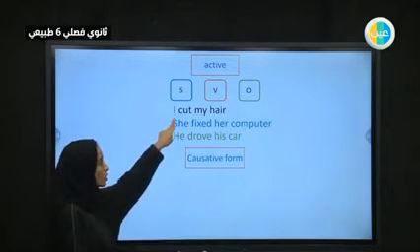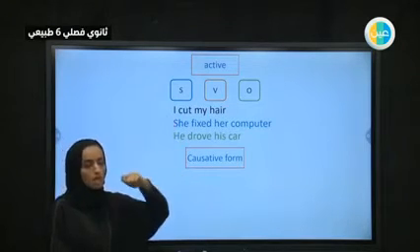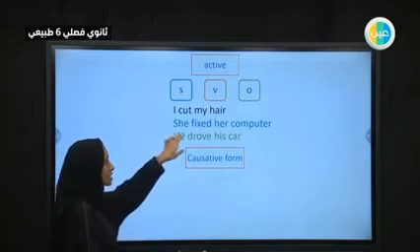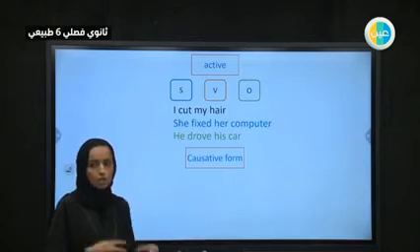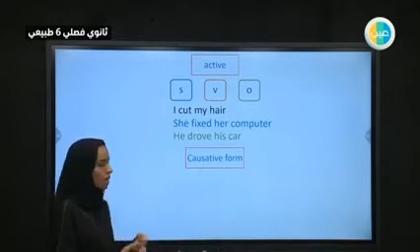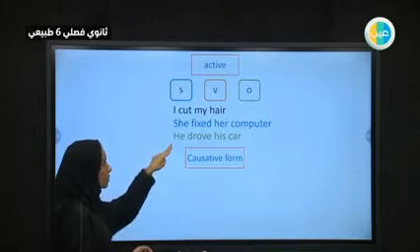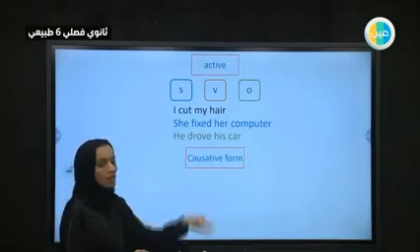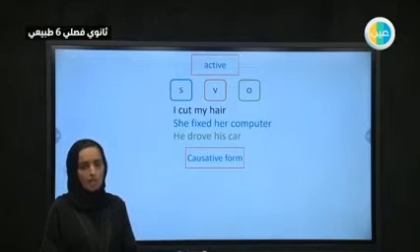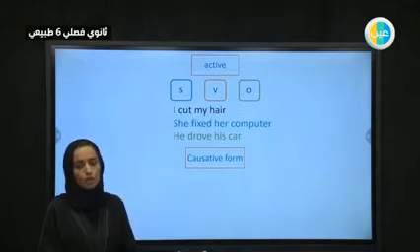Who is the subject? I am the subject. I did it myself and I know how to cut hair. Then she fixed her computer. She knows how to work on this, and she fixed her own computer. He drove his car. He knows how to drive a car. He has a license, and so he drove his own car.